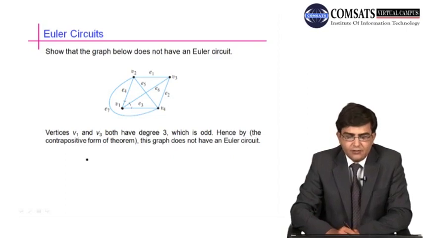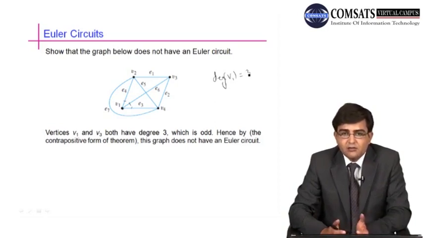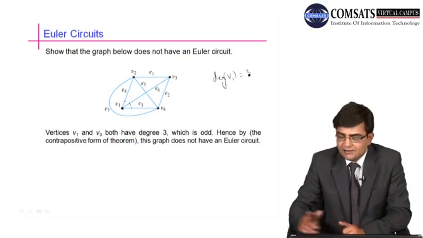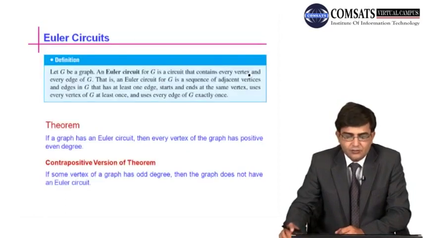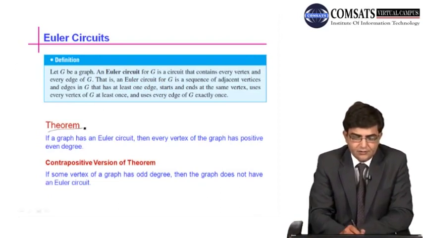Therefore we can say that the degree of v1 is 3. So this is sufficient to say that if at least one vertex has odd degree, then this graph doesn't have an Euler circuit, using the theorem we have discussed.